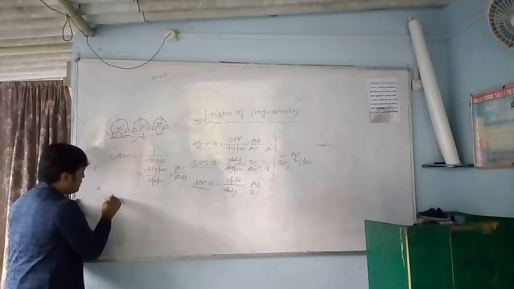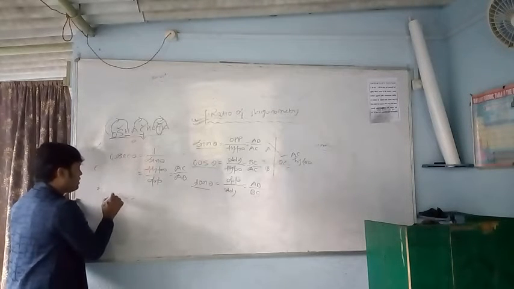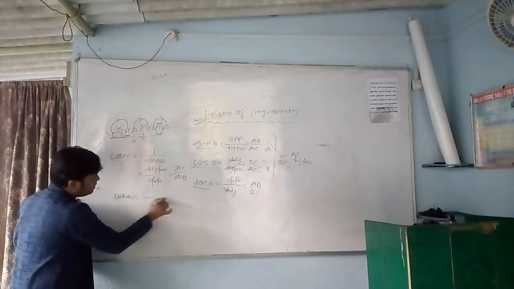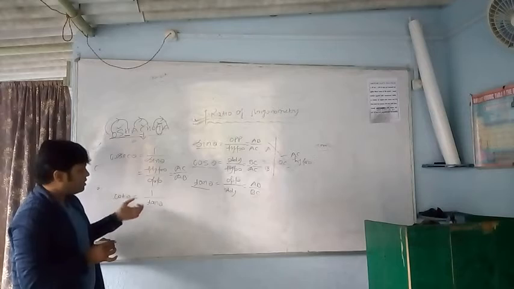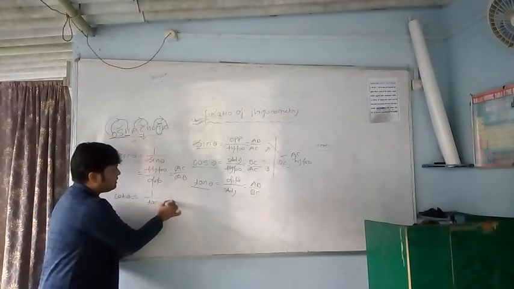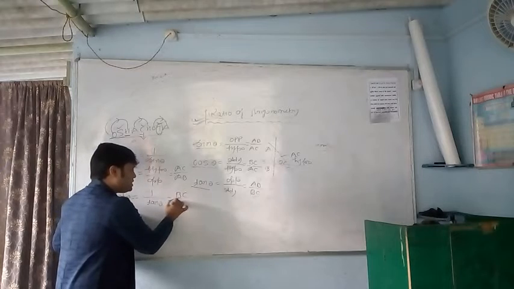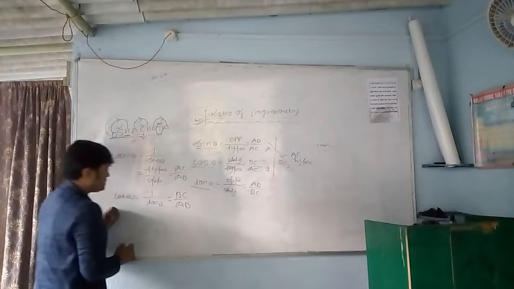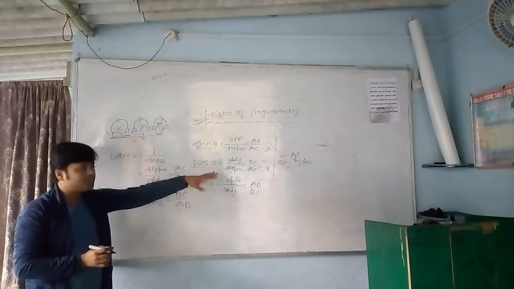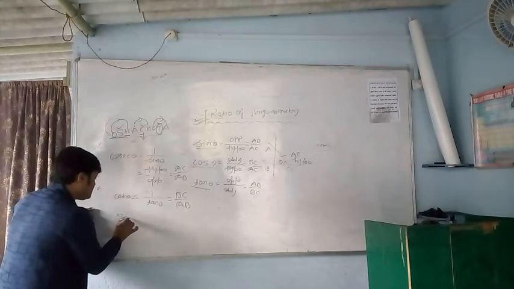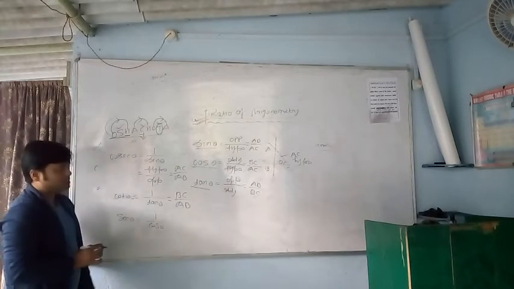In the same way, cot theta is the reciprocal of tan theta, and cot theta is 1 upon tan theta. It means BC upon AB. Similarly, sec theta is 1 upon cos theta.